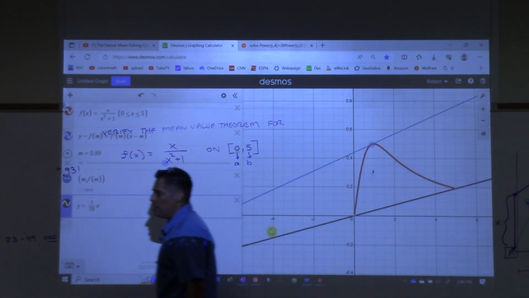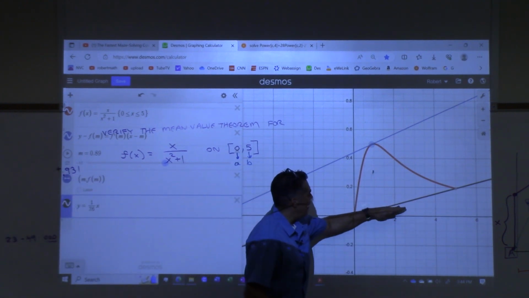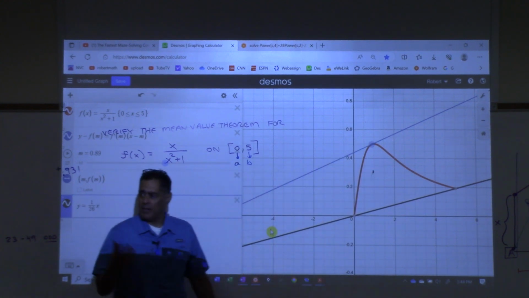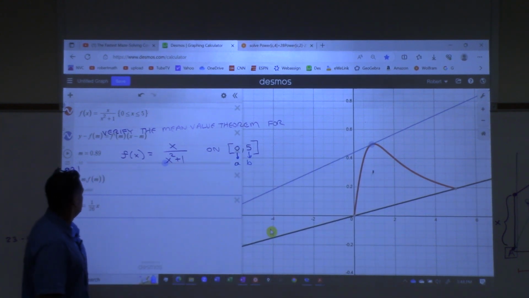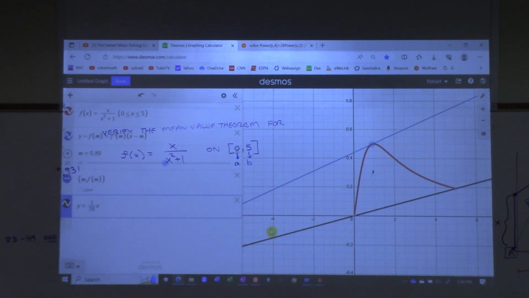All right, so the question is, what x value do I go to make this black line and this blue line be parallel? And we said, what, 0.93? So I'm going to move this value of m right here to 0.93, and it should be parallel.